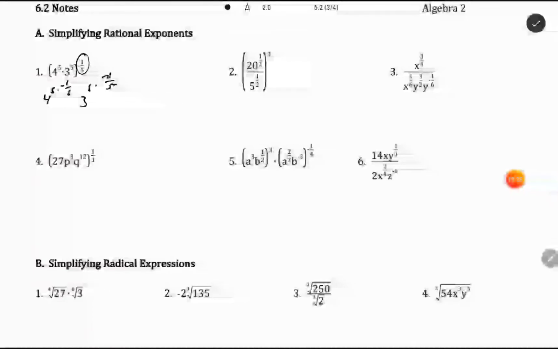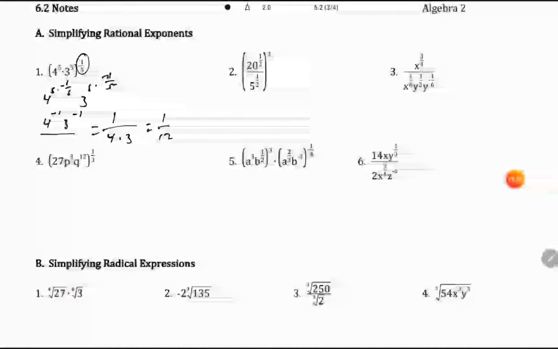Okay. And that becomes 4 to the negative 1 times 3 to the negative 1. Okay, so let's put our fraction bar. Those are going to move below. So I have 4 times 3, which is 1 over 12. Okay.